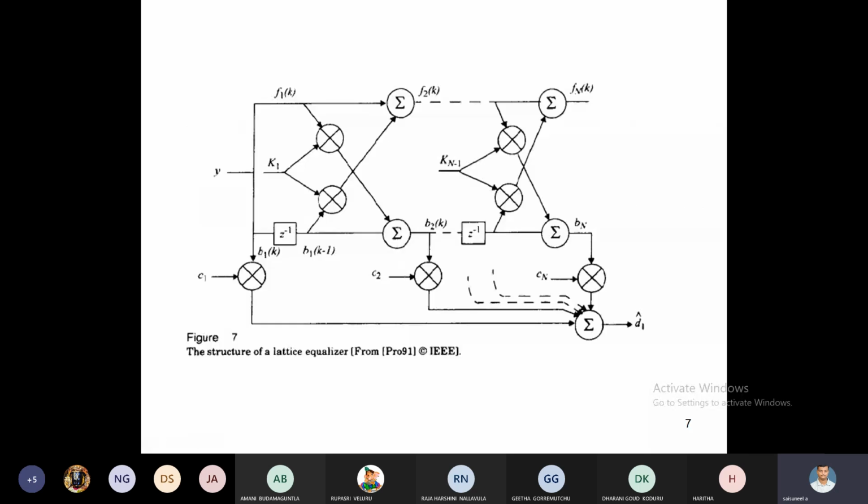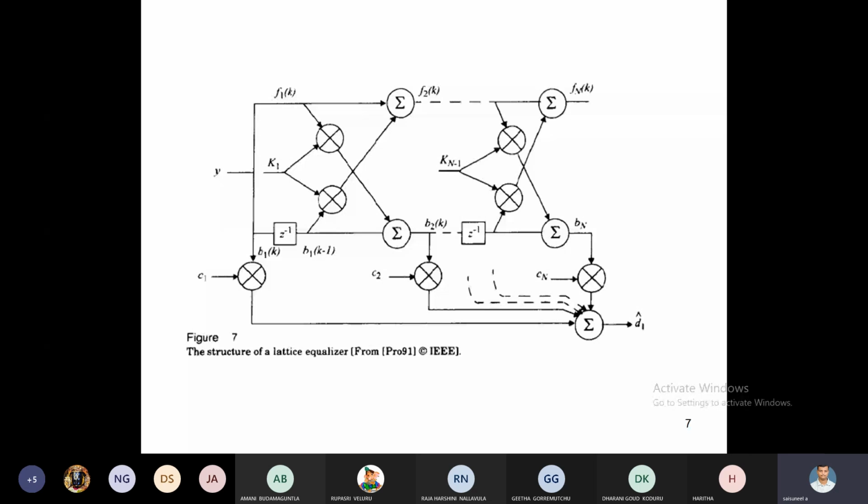The transversal linear equalization is a straightforward technique, but the lattice structure depends upon the feed forward and feed backward we apply.